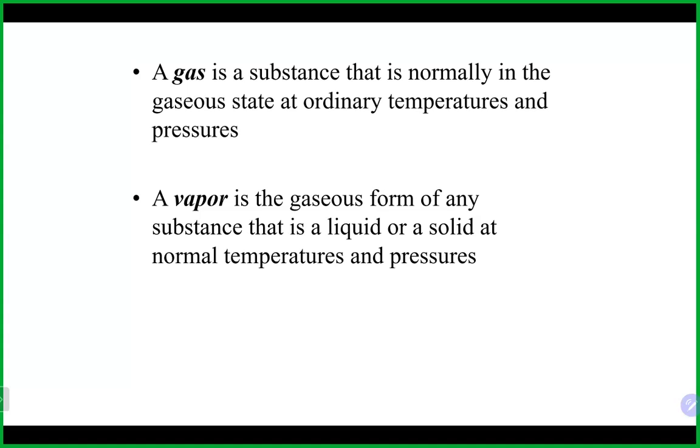A vapor, on the other hand, is something that under normal conditions is actually not found in the gas phase. So a vapor is something that is normally a liquid or a solid that can be converted into a gas.